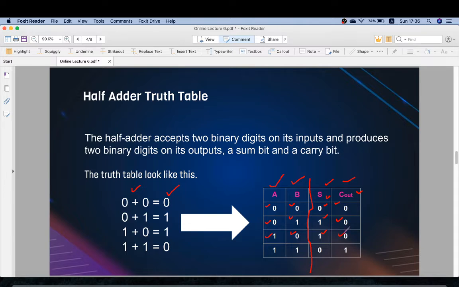Now if the input is 1 and 1, according to the arithmetic the output is 0 but the carry will be 1. So the final output truth table of our half adder will be: sum 0 1 1 0 and carry 0 0 0 1. Now we will move to the next step.